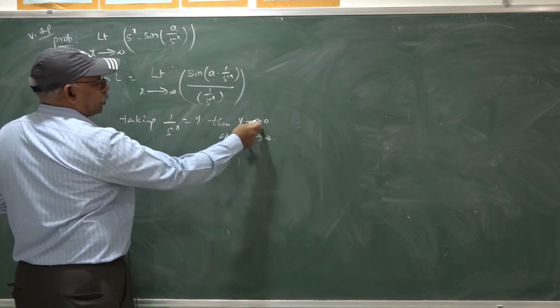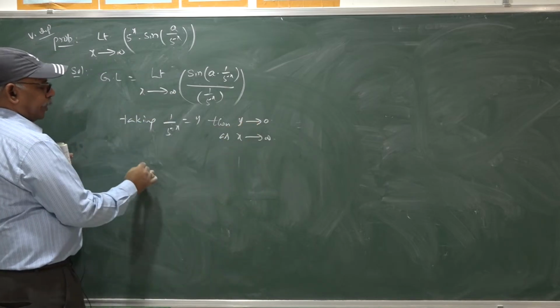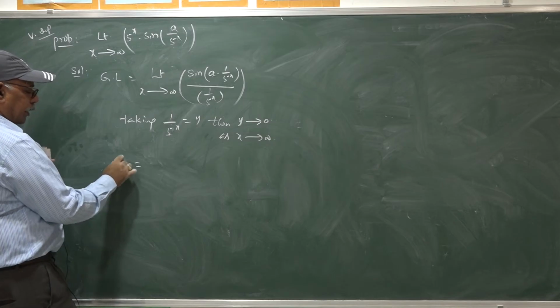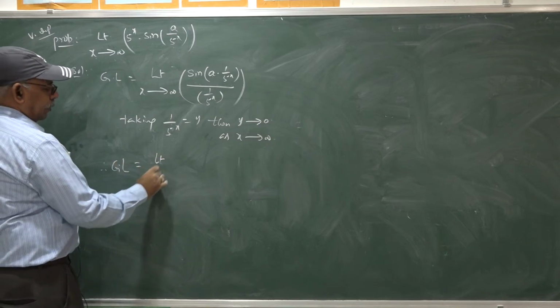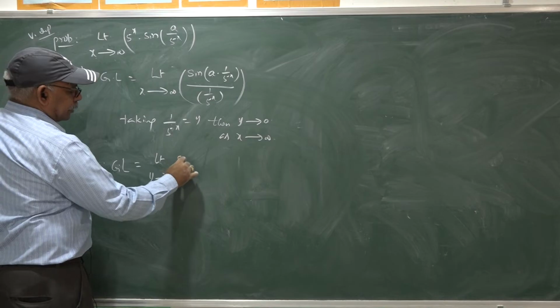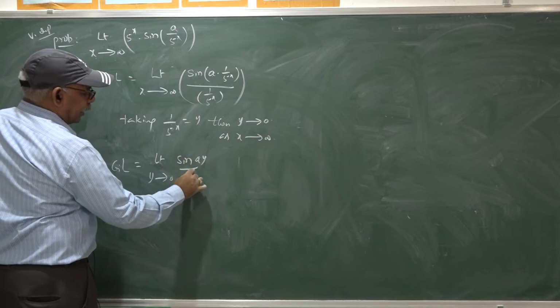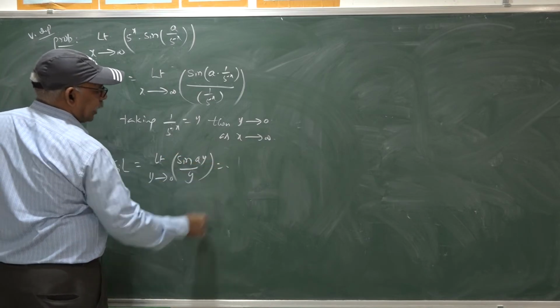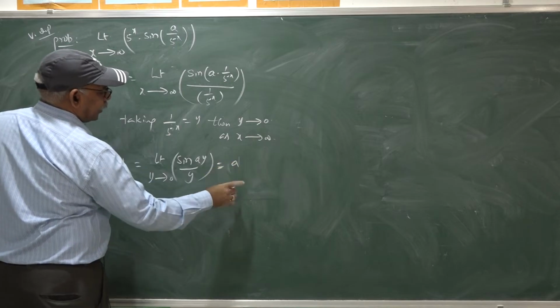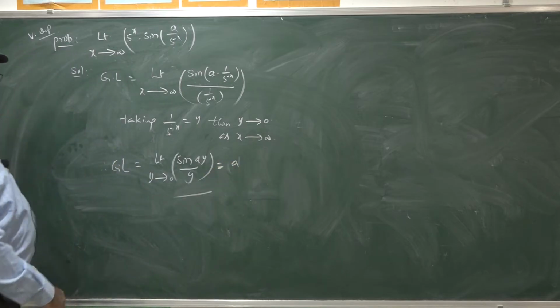Therefore, the given limit takes the form limit y goes to 0 of sine(ay) by y, which is clearly a itself. The required limit is a.